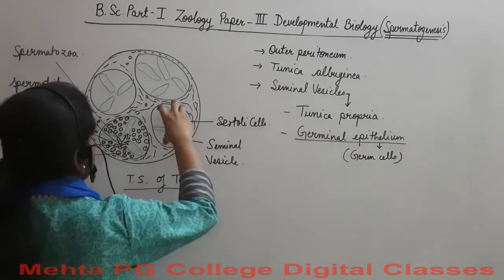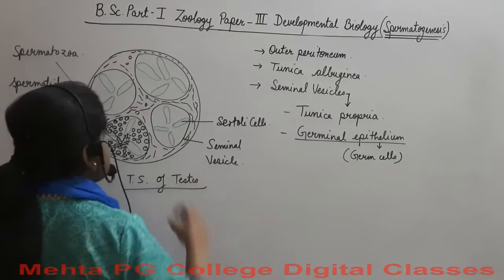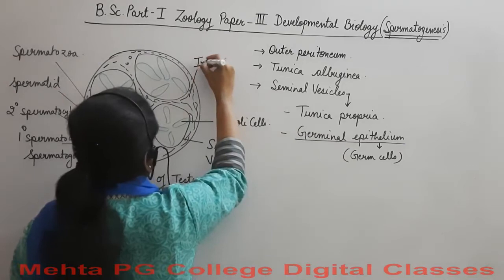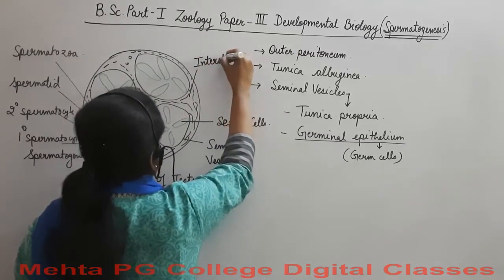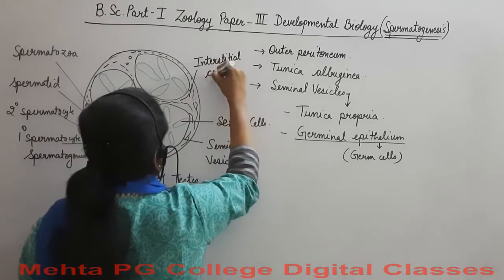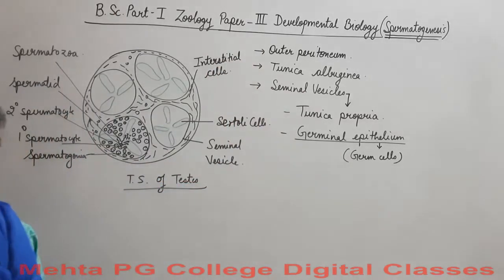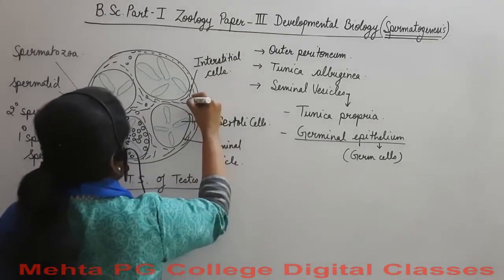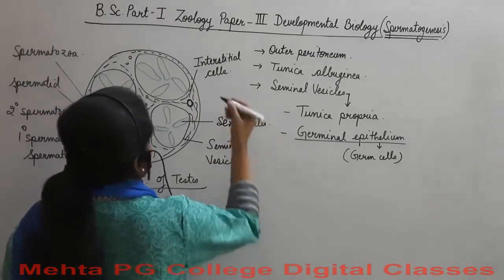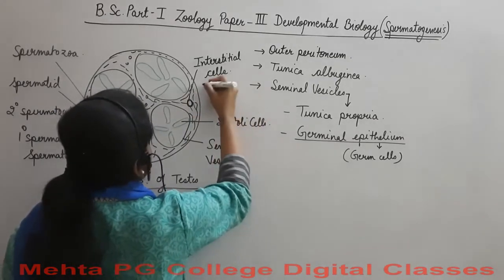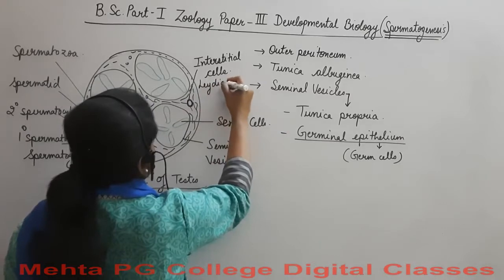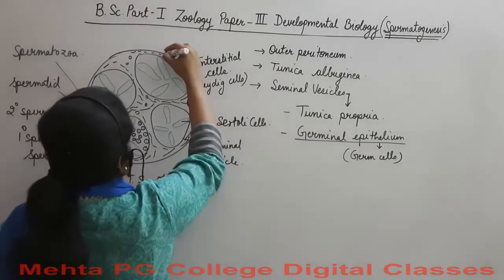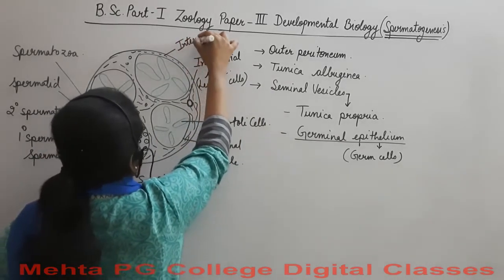And in between the seminal vesicles, there lie interstitial cells. These interstitial cells are also called Leydig cells. And this whole portion is known as interstitium.